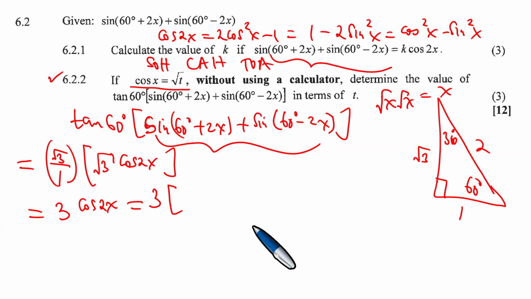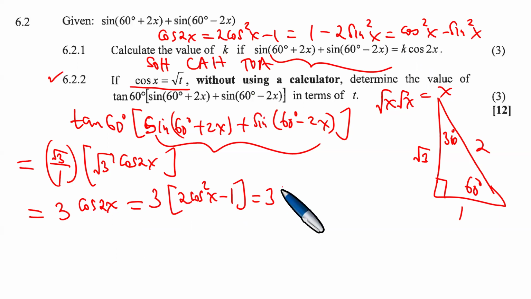Which identity among 1, 2, and 3 would be the best one to use here? Because we have cosine 2x, I need to use one of the double angle formulae, just one of them. Which one is ideal? The first one. Well done. Cosine 2x is 2 cosine squared x minus 1.